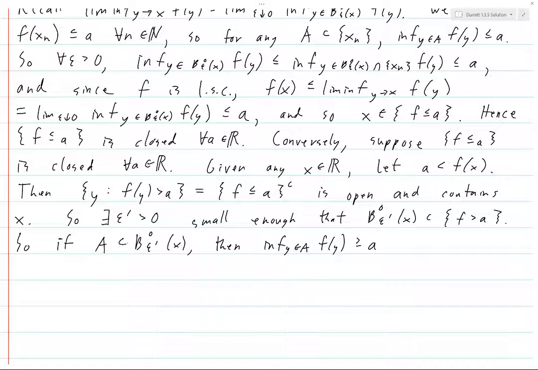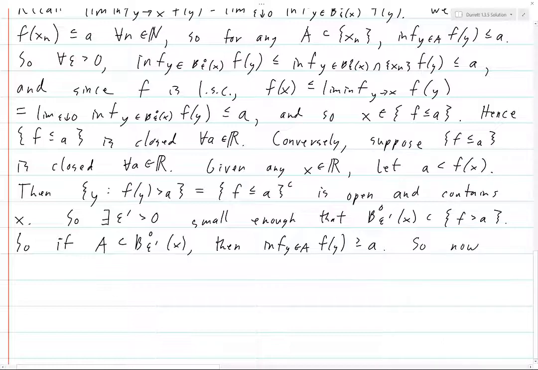However, they could be getting closer and closer to a, so this infimum could be exactly a, but it's certainly going to be greater than or equal to a. It can't possibly be less than a, because if it were, there would be some point which evaluates to a number less than or equal to a, and that's not possible by the definition of the set. Okay, so then this infimum is greater than or equal to a.